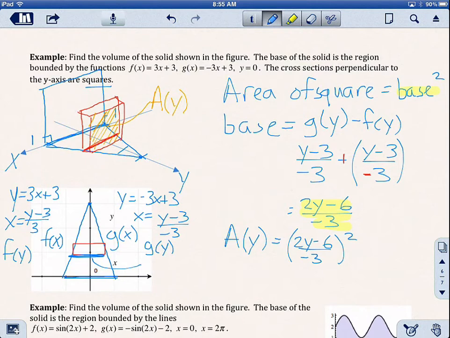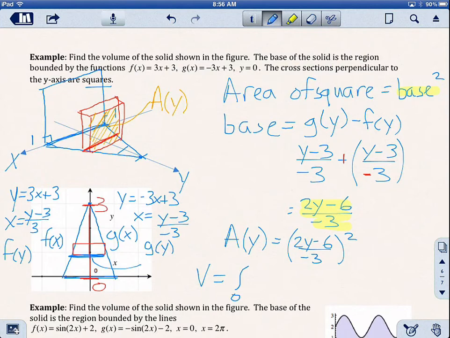And then finding the volume, we want to take the definite integral. Well, from where? Well, now we need y values. So where are y values going from? So if we're taking these rectangles, we're going to take them from here all the way up to here. So we're going from y equals 0 up to y equals 3.